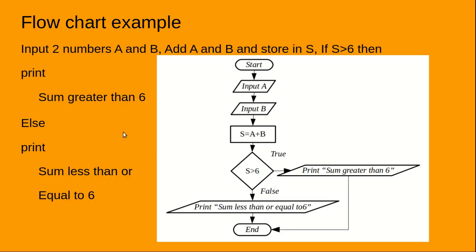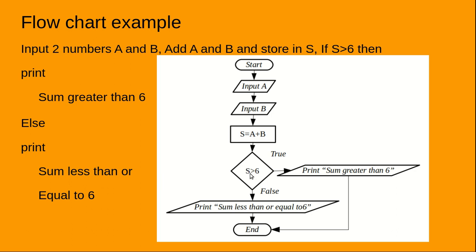Example of a flowchart. Here this flowchart indicates that two values A and B are input and added, and the result goes to S, and then check whether S is greater than 6.